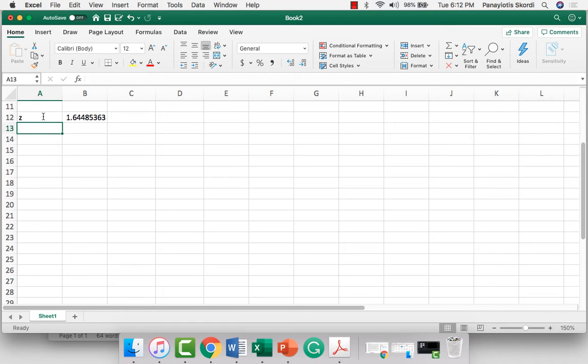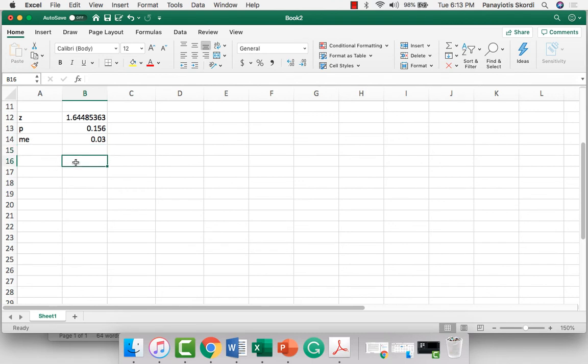We know that the p value is going to be 0.156, and we know that the margin of error is going to be equal to 0.03.